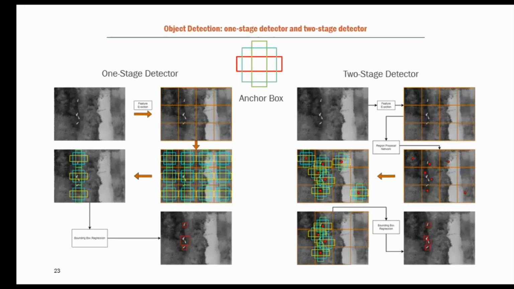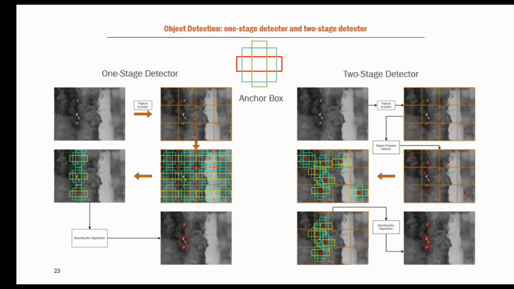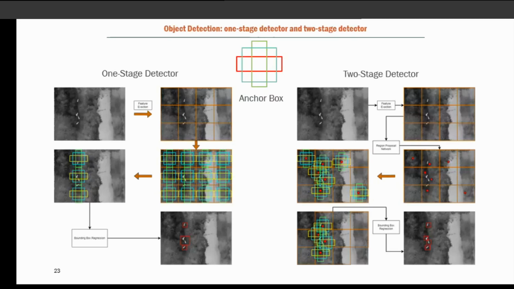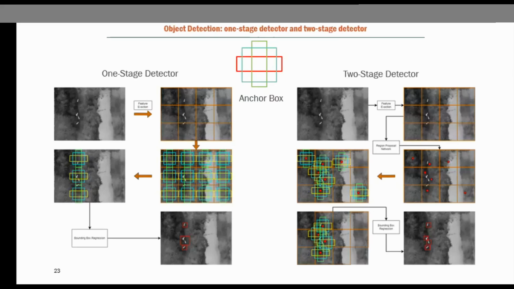So in the context of object detection based on deep learning, the anchor box functions as the model's eyes, and the convolutional neural layers function as the model's brain. The process begins with using the convolutional neural layers, CNN layers, to extract the feature maps from the input images.